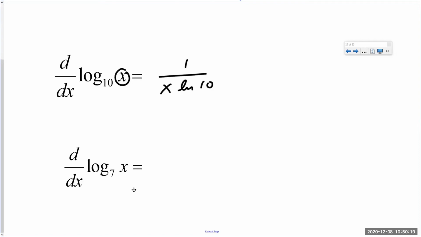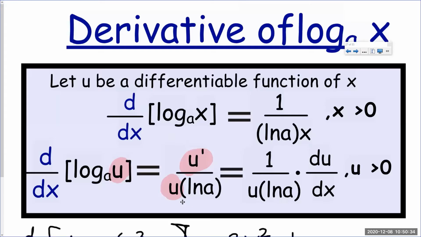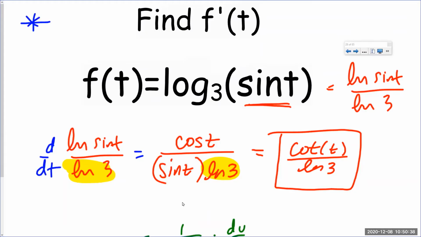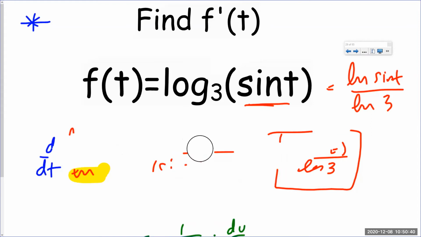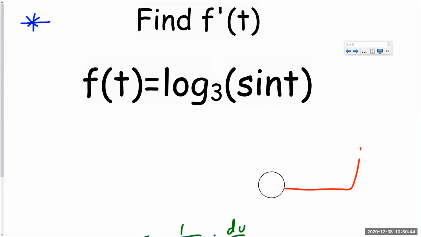Do you guys have this on your paper? Yes. U prime over u. Log 7. Did you guys get it? Okay, let's do another one. This one has a sine, I think. Okay, do this one, guys. It's not hard. Don't let the sine throw you off. You know what the derivative of sine is. So u prime over u. There's your u.